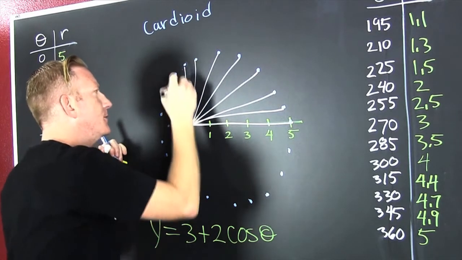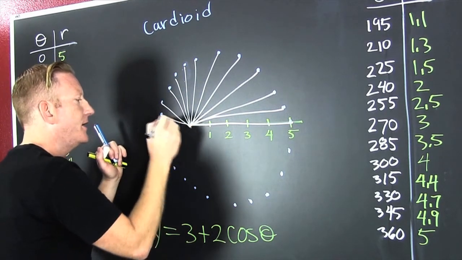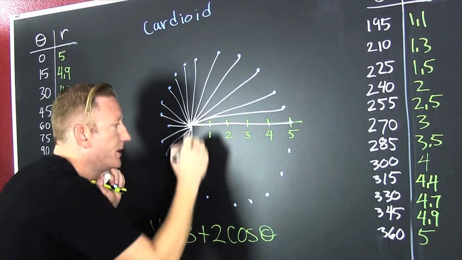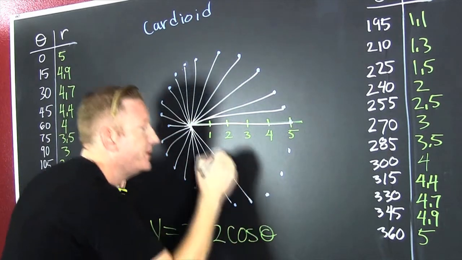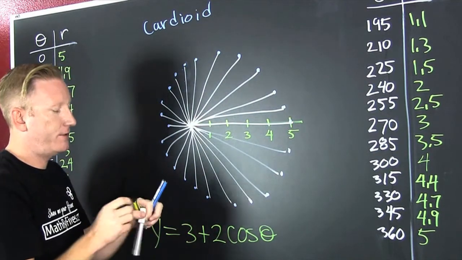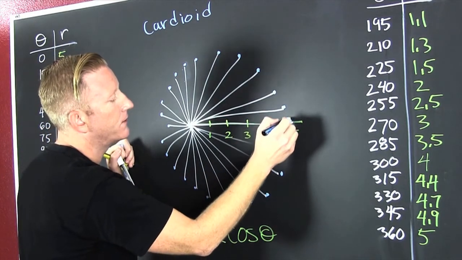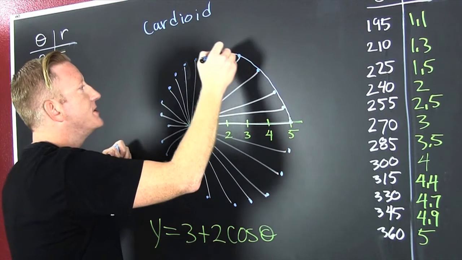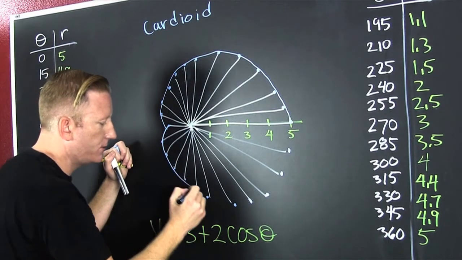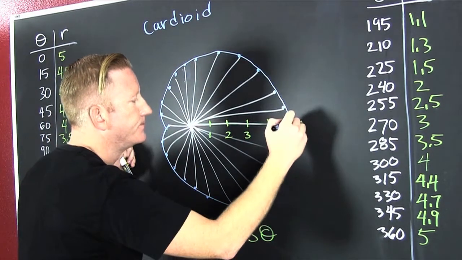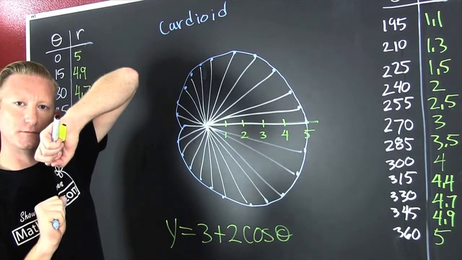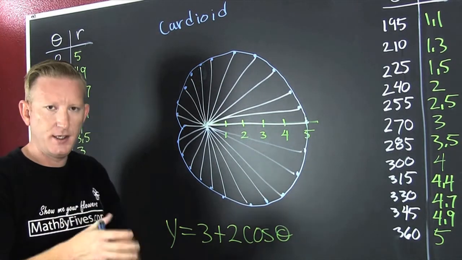This problem, because we're going through and we're calculating those, feel free to put those in your calculators and see that these are going to be the values for our cardioid. So if we want to see what the graph of 3 plus 2 cosine is going to be, a heart, a cardioid.